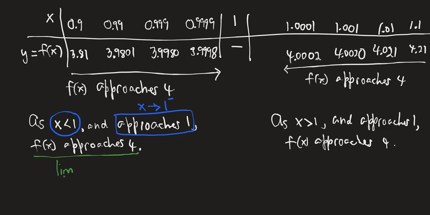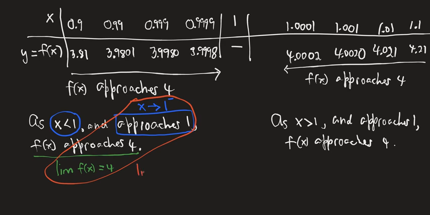So this would be the limit of f of x, in this case, equal to 4, right? But what we need to do is to put these two things together to tell us this entire statement. So this is what we do.